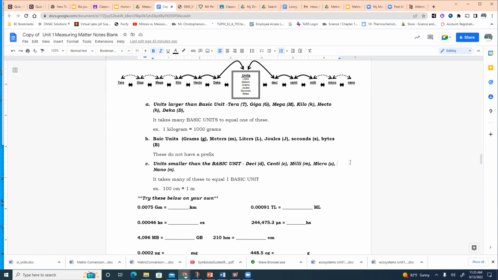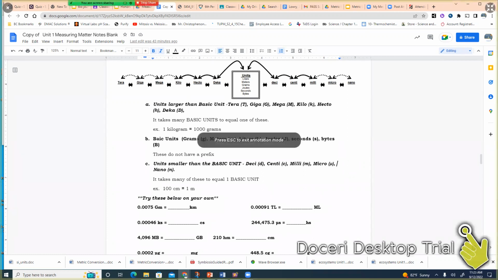Metric conversions are supposed to be easier than conversions in the English system because all you're doing is moving your decimal, either to the right or to the left. Compared to the English system, say I had 3 feet and wanted to change that to inches.